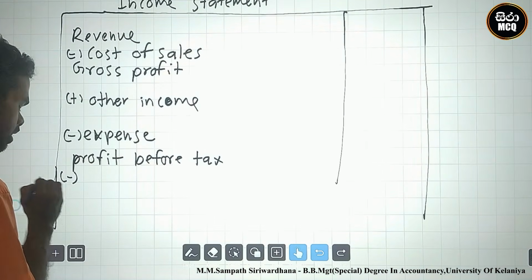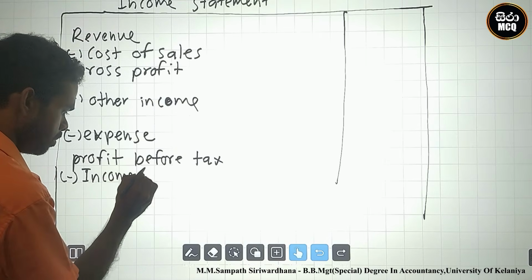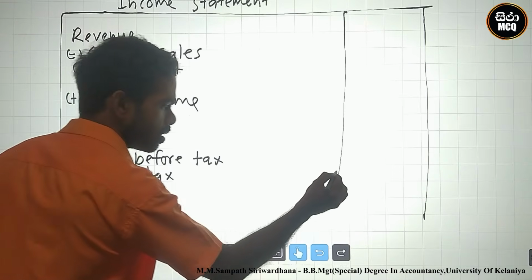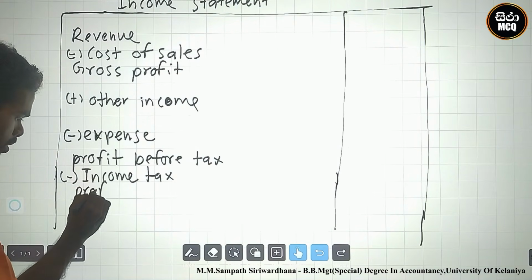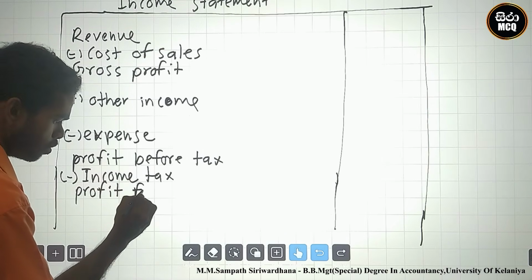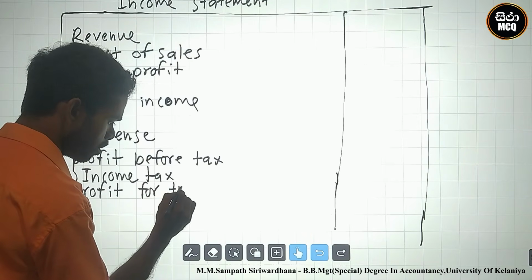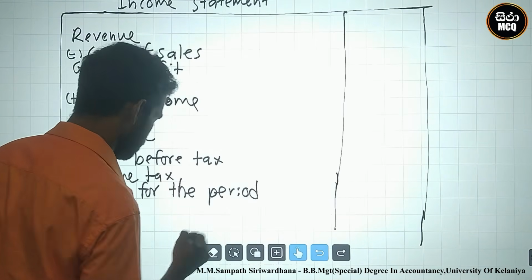After that we deduct income tax. After that, what is the next one? Profit for the period.